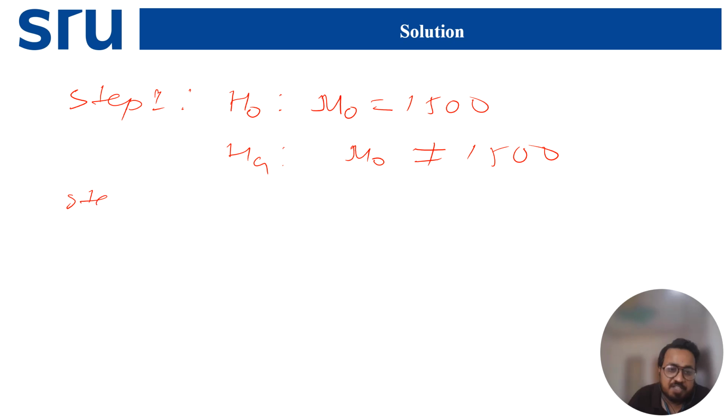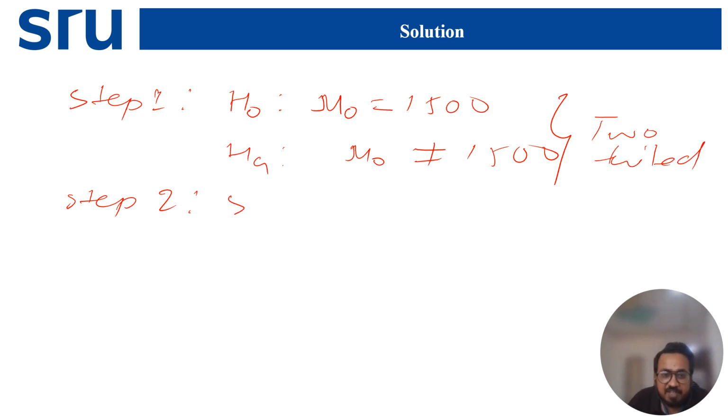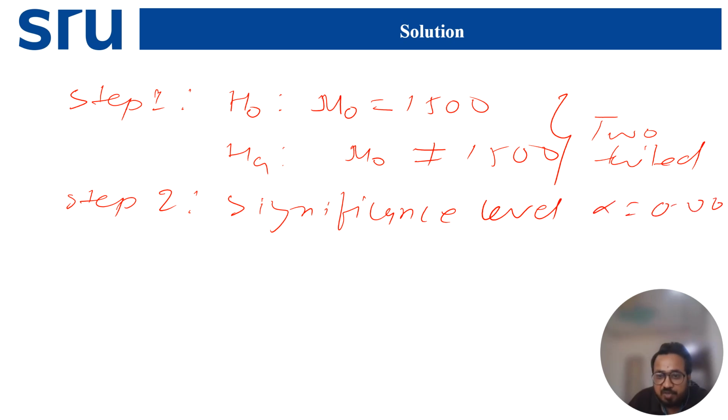This will be a two tail test. In step 2, what is the significance level? You can see that the significance level alpha is given as 0.01. Now in step 3 we will find the value of Z statistics.